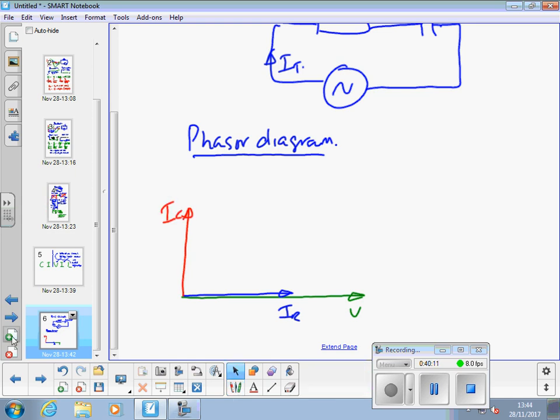IC. Complete the parallelogram for IT, the angle in there. This time we have a positive angle, so you end up with a leading situation. Current leads the voltage in capacitors.